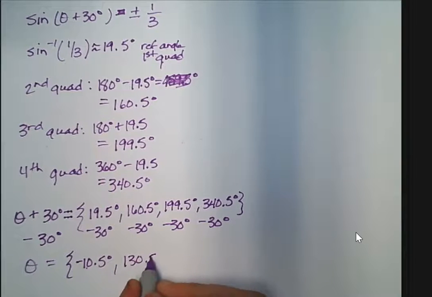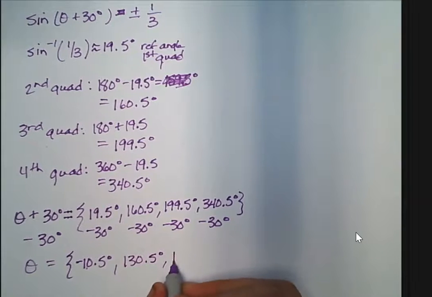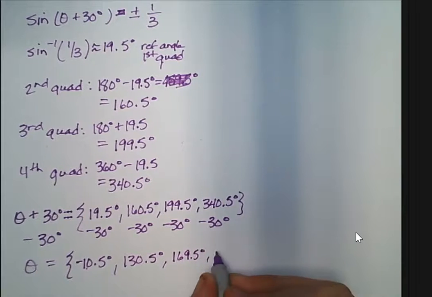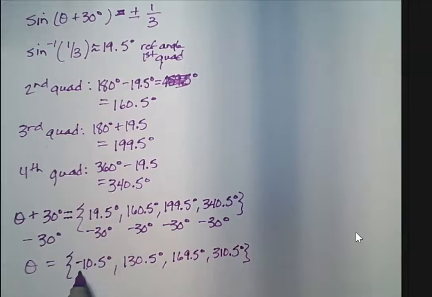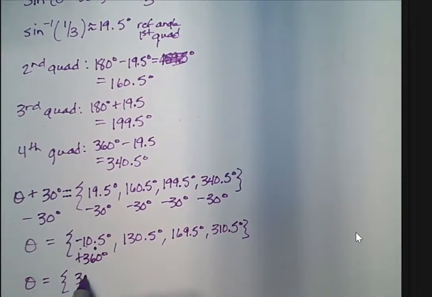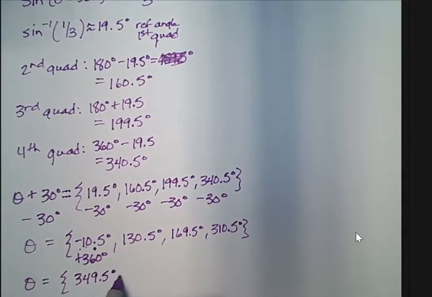This would be 130.5, 169.5, and 310.5. So now we're going to change this to its coterminal angle by adding 360. That's going to give us 349.5 degrees.